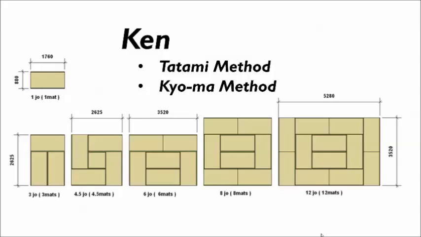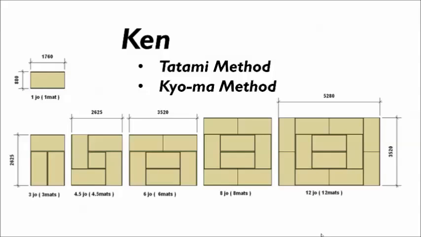Instead of changing the floor mat to accommodate the column sizing, the column spacing changes to accommodate the size of the room and the shaku. So the size of the room is designated by the number of floor mats, and the floor mats really dictate everything that's going on in the room.